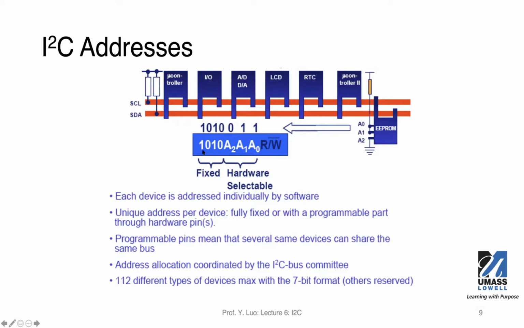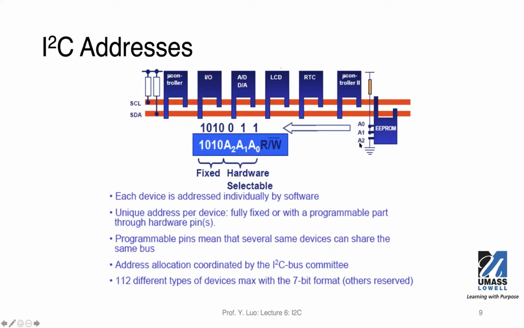Let's say the vendor assigned the first 4 bits for forming these 7-bit addresses, and the vendor purposely leaves these 3 bits open or configurable. And these 3 bits in the address are determined by how you connect these 3 physical pins coming from the chip.